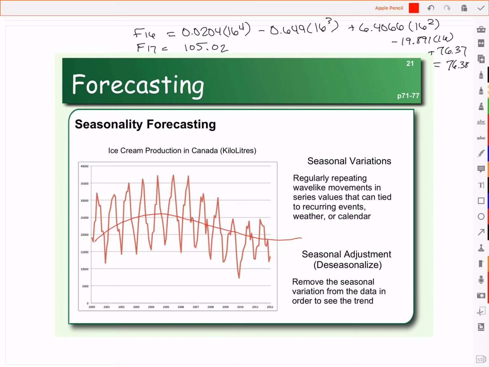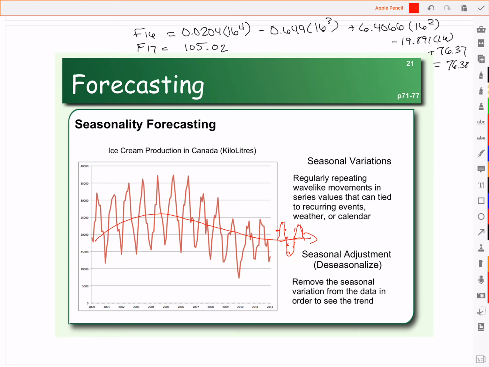Well, if you have seasonality in your forecast, you want to remove the seasonality, identify the trend, project forward, so get the formula for your curve, use that to forecast forward, and then add back that seasonal variation. Now, how you do that process is beyond the scope of this class. You can read more about it in the textbook.